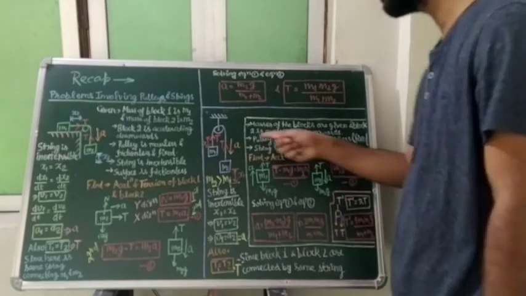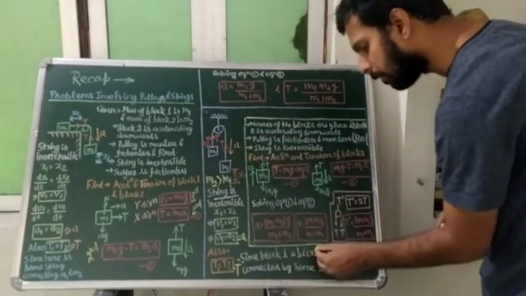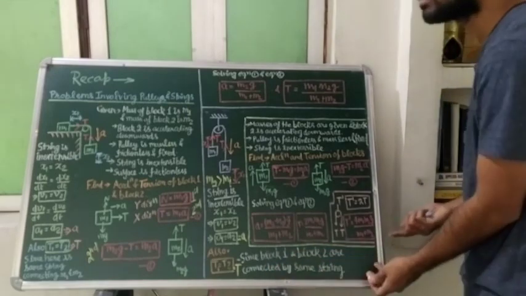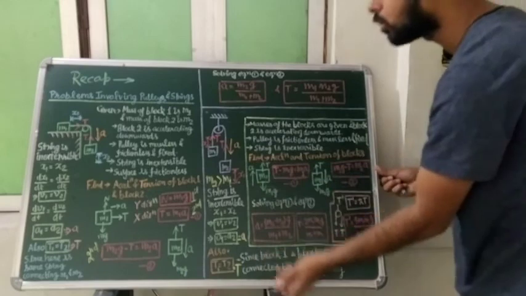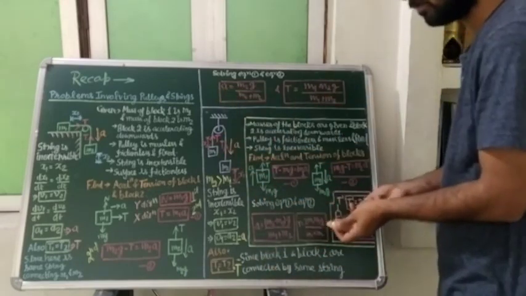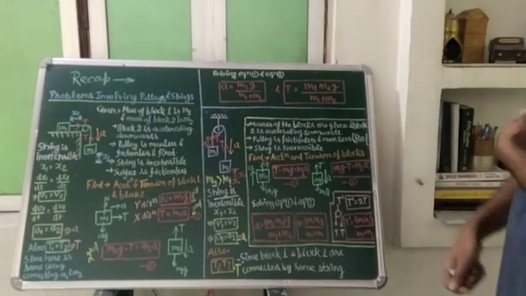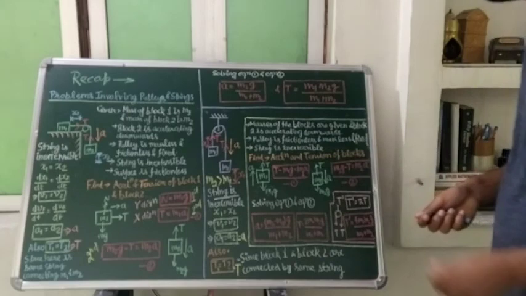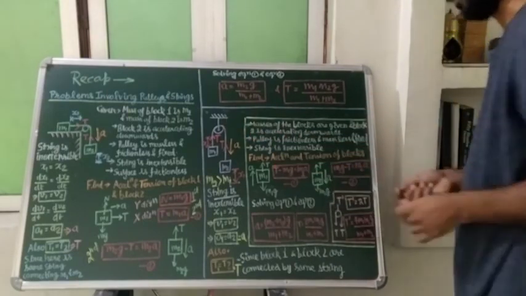Because we are talking about the same string. Block 1 and block 2 are connected by the same string, so the tension produced in that string will be the same. It is not going to change. It can change, and where it will change, I will tell you. Since we have considered a massless pulley, that's why.